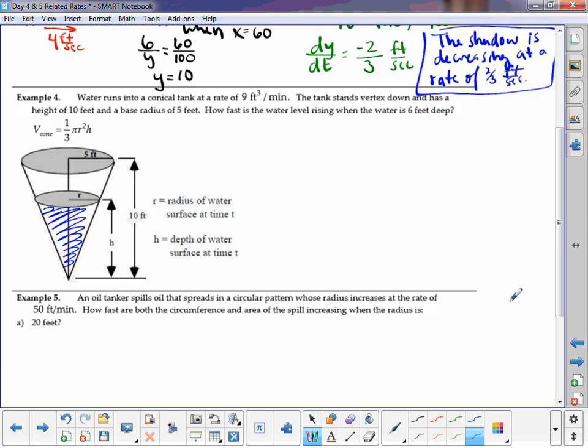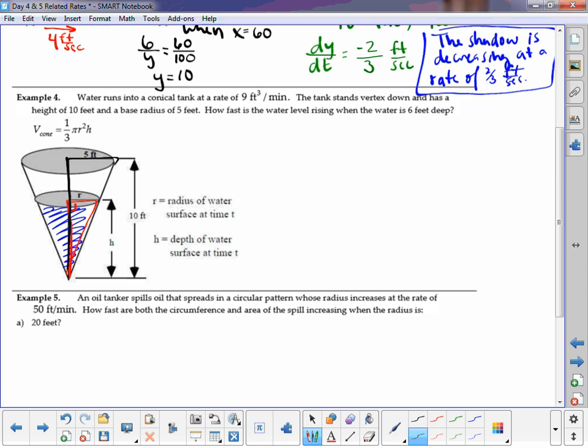Alright, so it says water runs into the tank at a rate of 9 feet cubed per minute. And they tell us the tank has a height of 10 feet and a base radius of 5 feet. So here we have that cone within the cone. Again, we have similar shapes, and if you look at it, I have this guy here compared to this guy here.